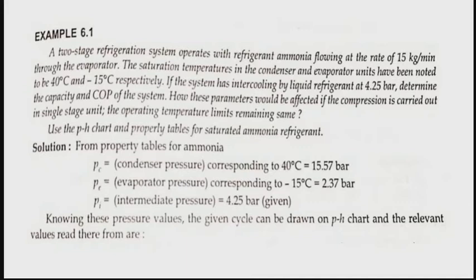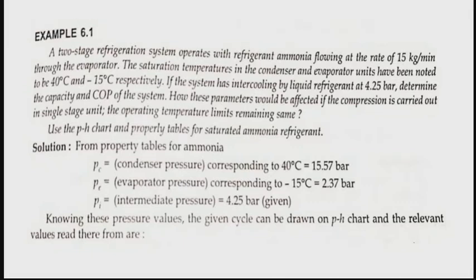Using the pH chart and property tables for saturated ammonia refrigerant, from the property table we can get the pressure of the condenser corresponding to 40 degrees, which is 15.457 bar.